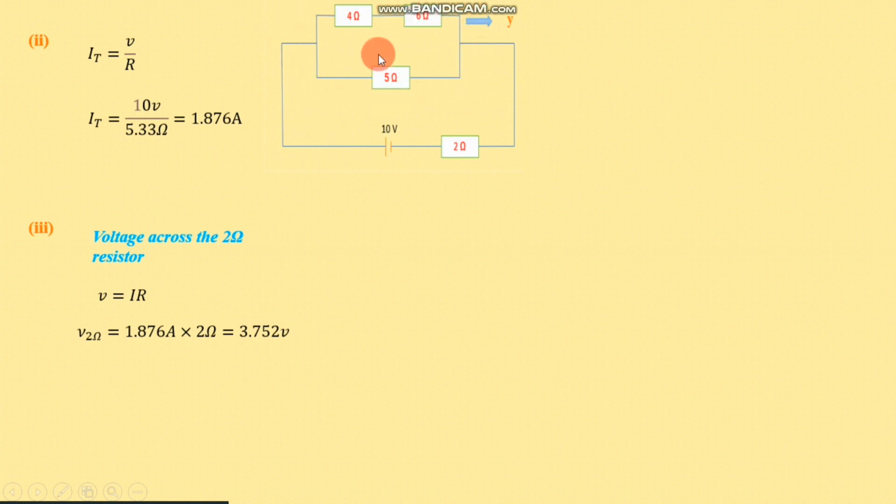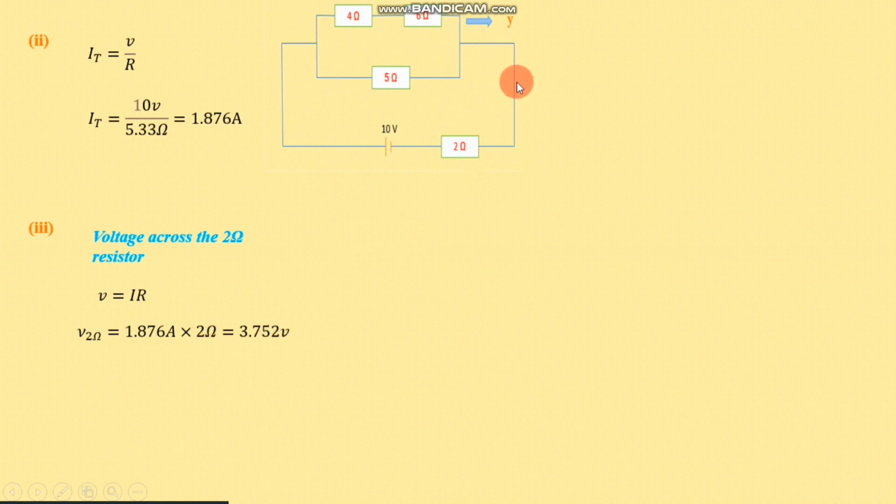So when they are in series, the total voltage, which is 10, is given by the voltage across the 2 ohm plus the voltage across the entire of this one. So the remaining voltage that passes through the entire of this section is given by 10 volts minus 3.752 volts.